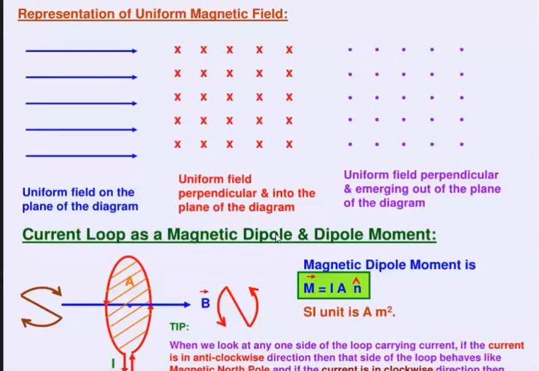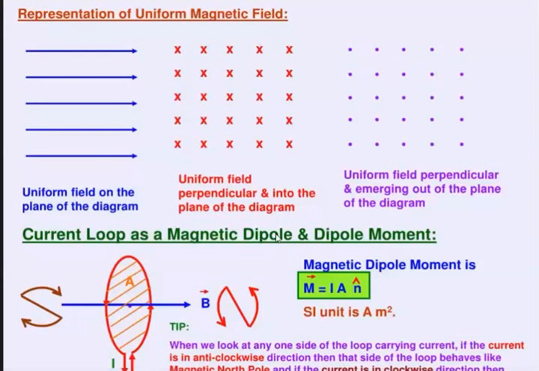But in the case of a current carrying loop, how can you say that there must be a dipole length? Not possible, because there is no separation between the two faces of the loop. So here the dipole length will be 0. And if dipole length is 0, then dipole moment will be 0, because dipole moment is nothing but the product of pole strength and dipole length.